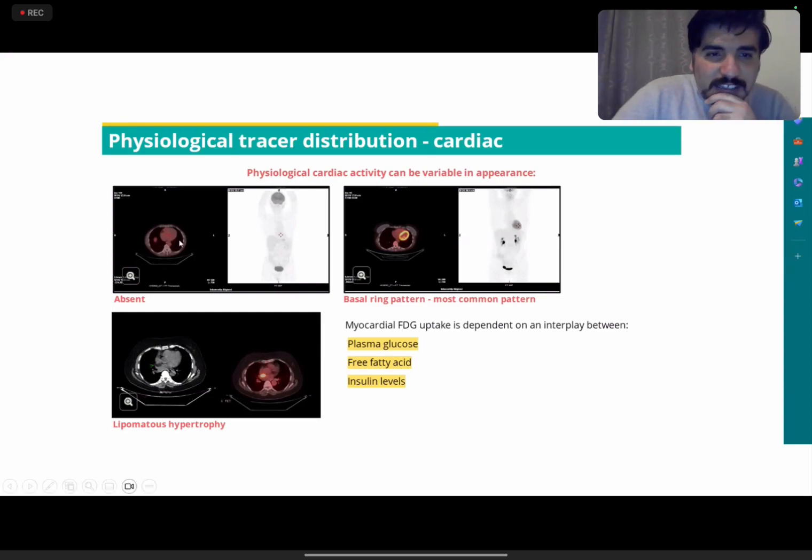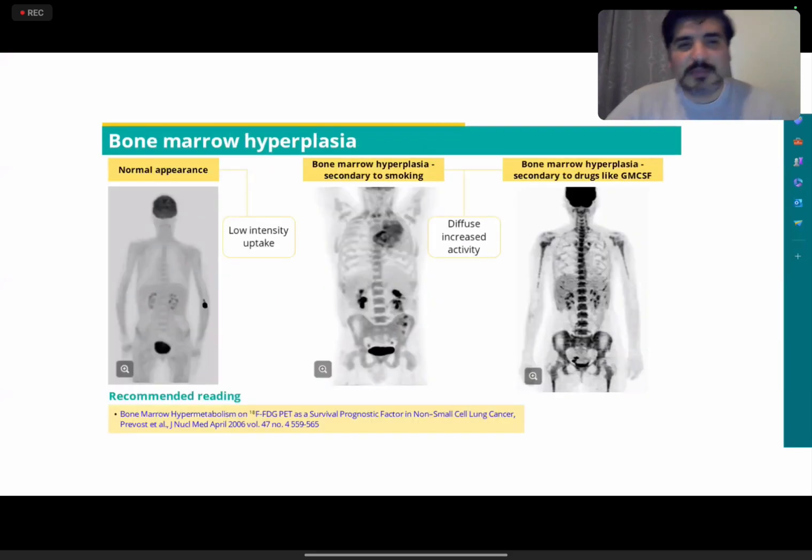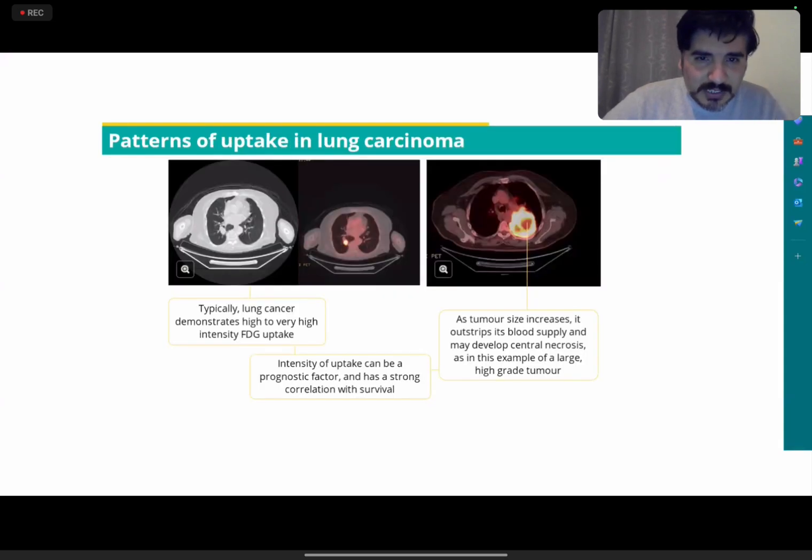Sometimes there can be no uptake in the heart, and sometimes there can be uptake in the left ventricular walls, which is a ring-like uptake, which is a normal pattern. It is not pathological. So you should know about the physiological tracer distribution in the body on PET CT scan before reviewing it. Sometimes bone marrow can have some increased uptake secondary to smoking, and sometimes increased uptake secondary to drugs as well.